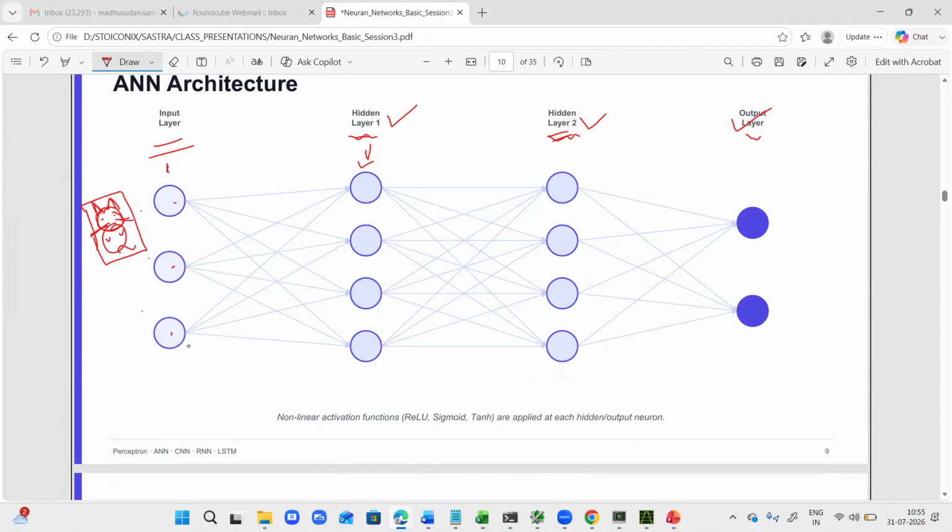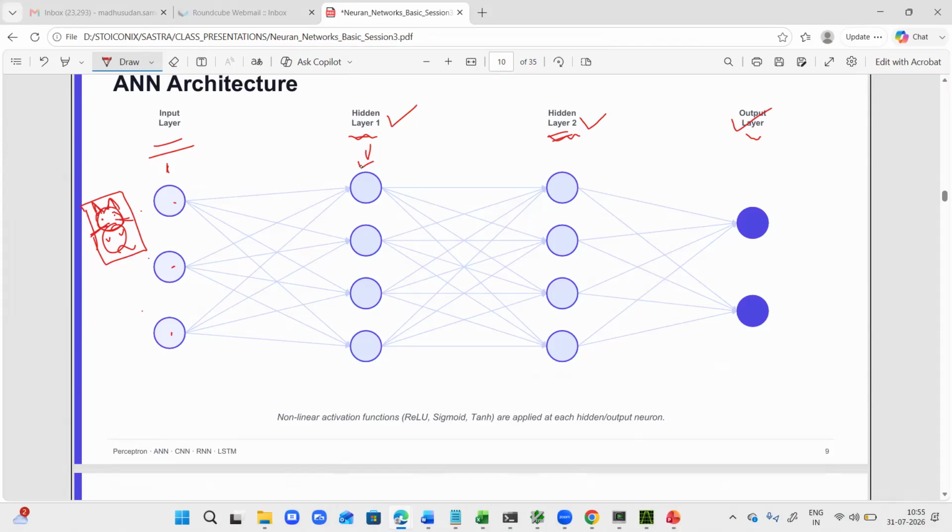The second layer might be comprehending based on these circles and these lines. There is a circle and there is a dot, and maybe there is an ear, and then it will start extracting more information, which is hierarchical in nature, and it will try to make sense out of the given input.